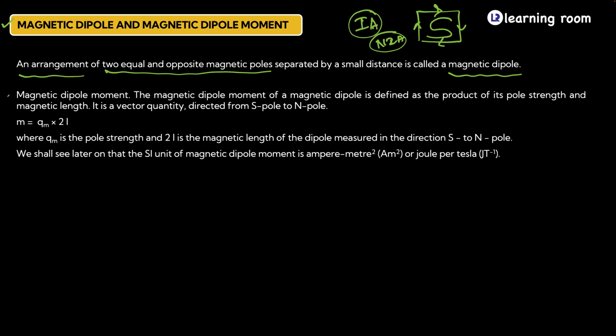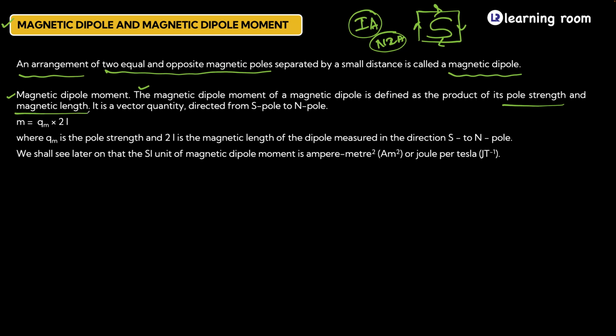The next question is, what is a magnetic dipole moment? The magnetic dipole moment of a magnetic dipole is defined as follows, listen carefully. For a current carrying conductor, it is the current multiplied by the area, whereas for a permanent magnet, it is the product of pole strength and the magnetic length.